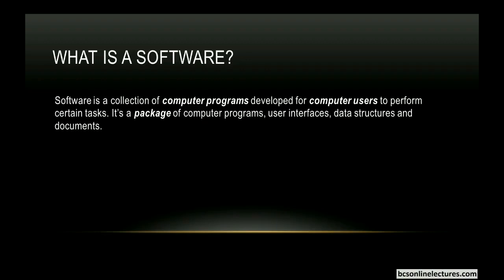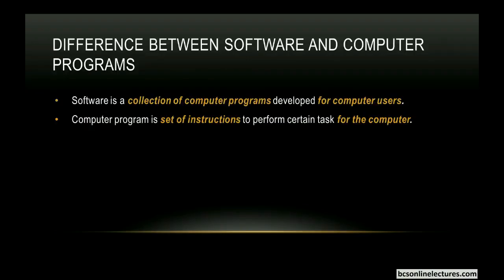So, software is a collection of computer programs. If so, software and computer program should be two different things. In common sense, we can say both are the same, but technically we can declare these two as different things. Now let's see the difference. Software is a collection of computer programs developed for computer users.